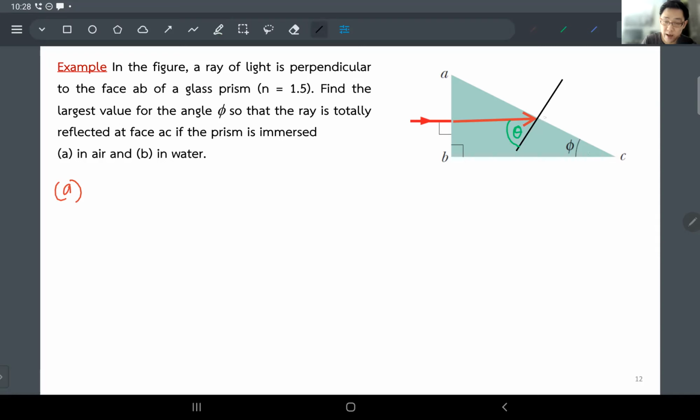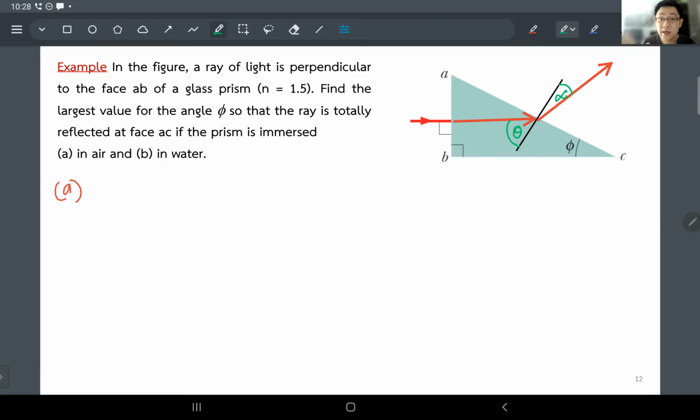Because you come from a bigger n to a smaller n, you can just draw any value. So something like that. Let me change the color to red. It's going to come out at some different angle, so I can call this angle alpha if you like.